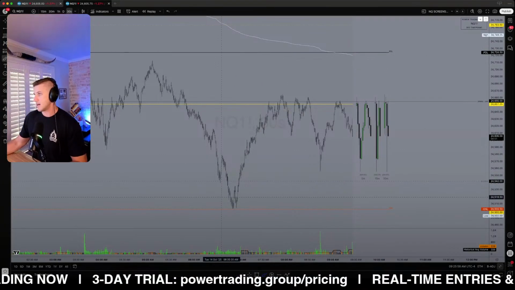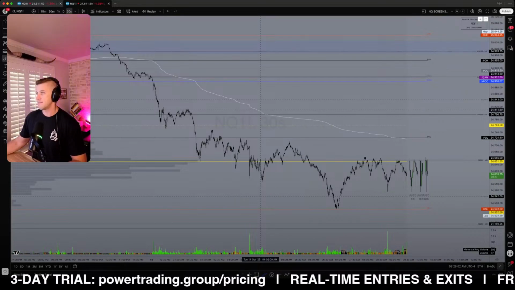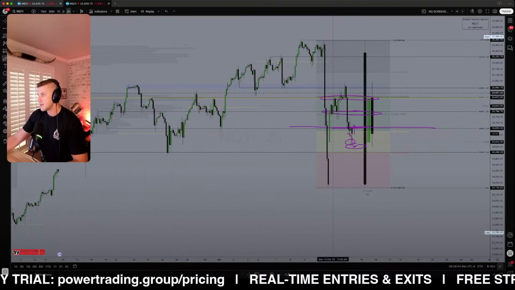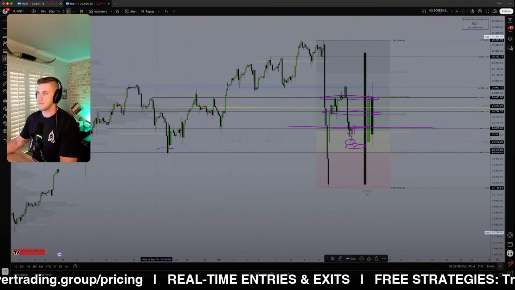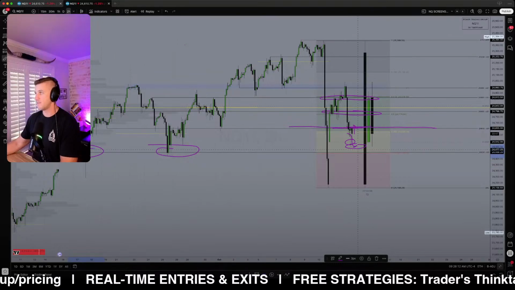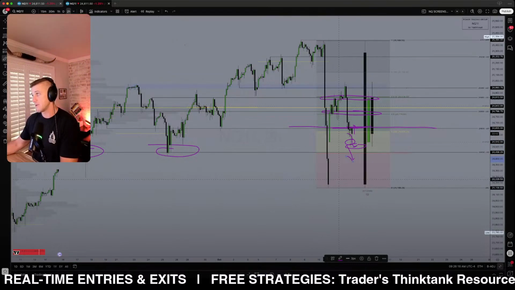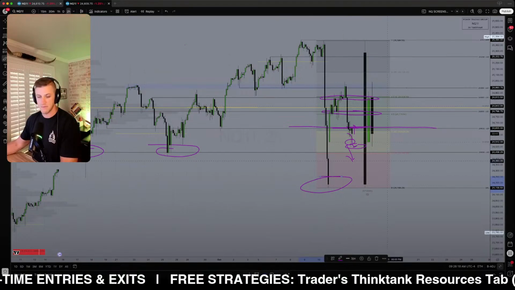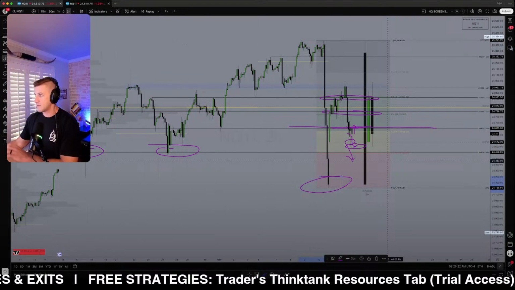So I want to watch how price responds down there, and then potentially down into 450, a downside level of interest. You can see the support at 450. If 450 fails, more than likely we're going to see that complete gap fill down into Friday's low. So that's the game plan for this morning.